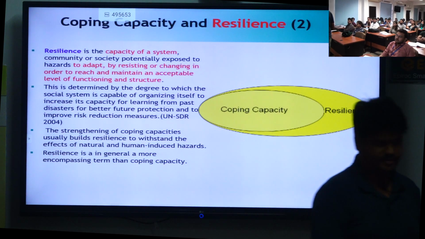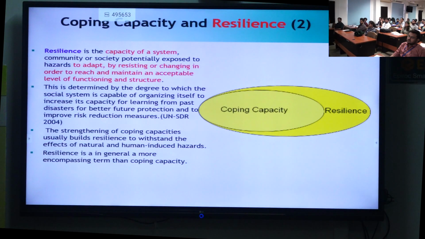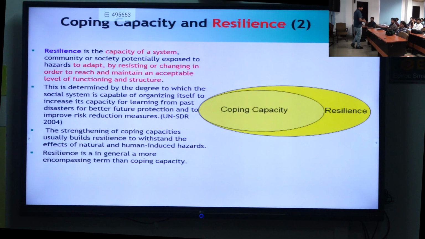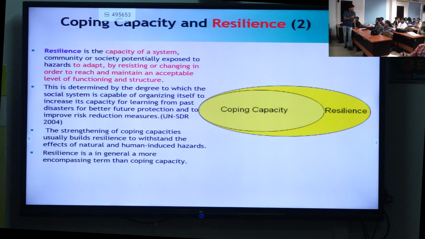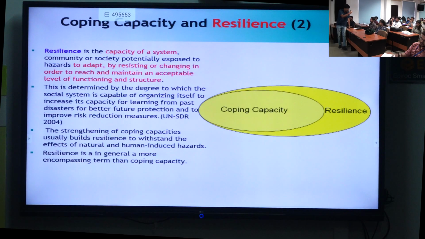Okay, that is what you call resilience. And the strengthening of coping capacity usually builds resilience to withstand the effect. So once the coping capacity is high, automatically you are strengthening your resilience as a society. Okay? So they are similar in a way, but one is more about how quickly you have the ability to bounce back. Okay?